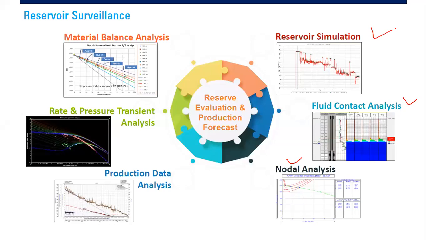Okay, the main objective is reserve evaluation, how much oil we still have inside the reservoir, and production forecasting. So those are the two keywords for you if you want to continue as a reservoir engineer. Reserve, and how to forecast the production for a given scenario.